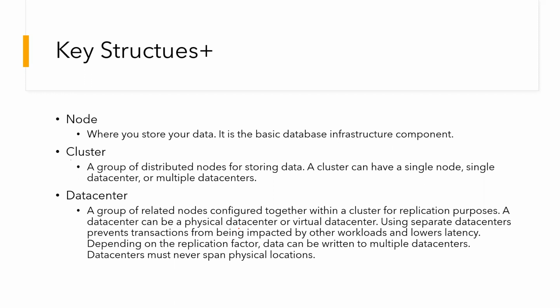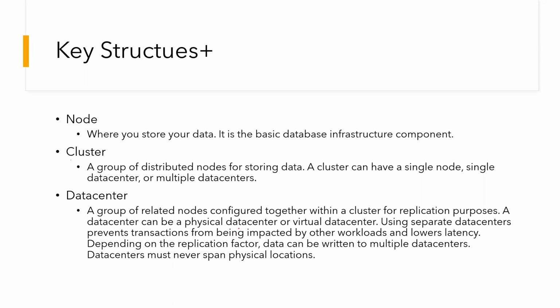The cluster is a group of nodes that are storing the data, and like I said before, it can span across multiple data centers or a single data center, based on how you are serving your requests, whether it is global or multi-regional. You can distribute your cluster on multiple data centers.